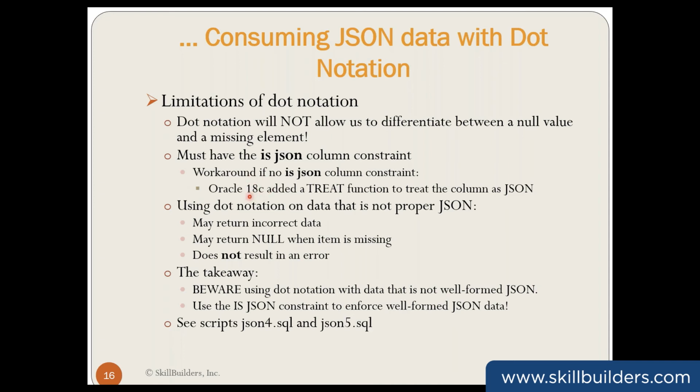In Oracle 18c, there's a new function called the treat function. You say treat and the character string, and it treats it as if it were JSON. It enforces that it's JSON. There are some problems if it's not valid JSON, so it may return incorrect things. So you really have to make sure it's valid. But if you know it's valid, you can treat it, and now you can use the dot notation that we talked about before.